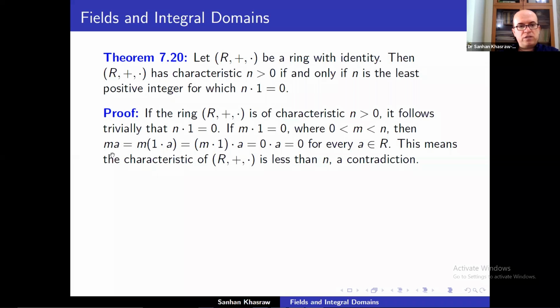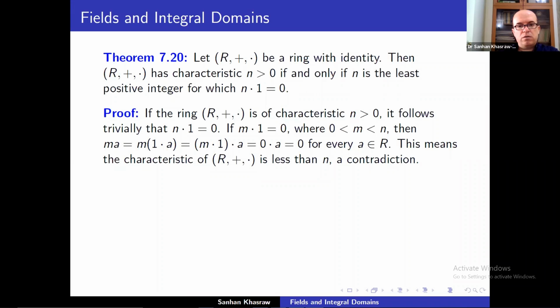Then, because the ring has an identity, n times 1 dot a equals n dot 1 dot a by associativity. As I said, R with the second operation is a semigroup. So n times 1 is 0, and 0 times a is 0. This means that this ring has characteristic less than n, which is a contradiction.